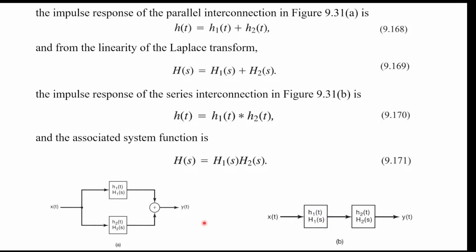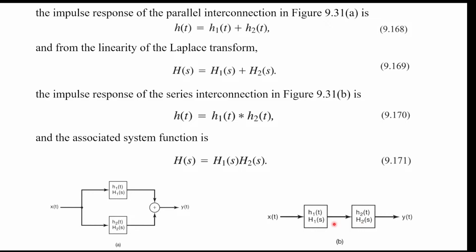And for this system, we have seen that by the property of convolution, if you go through some small h1 system and then a small h2 system, then you are convolving with small h1 and convolving with small h2. But by the associative rule of convolution, this is just x convolved with small h1 convolved with small h2 first.